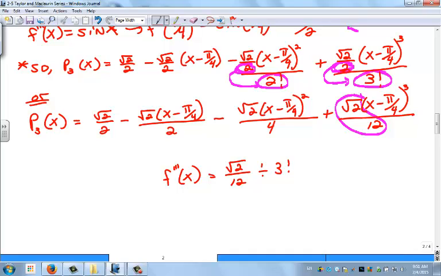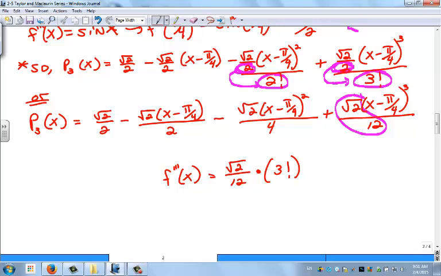Okay, so if you take radical 2 over 12 and divide by 3 factorial, that's going to give you, no, I'm wrong, sorry. Radical 2 over 12 times 3 factorial. Sorry, your poor old math teacher, times 3 factorial, sorry about that, kids.